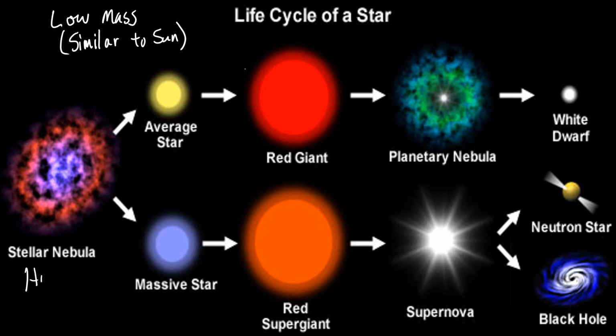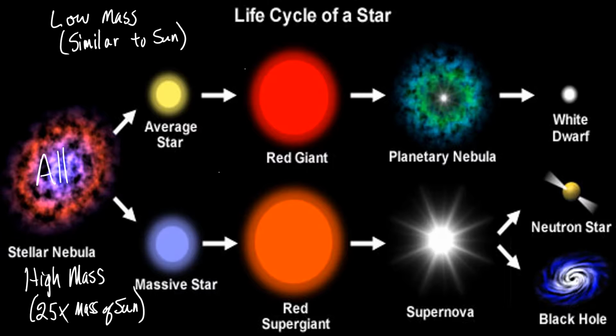And we have our high mass stars. And they have at least 25 times the mass of our sun. And so these stars are going to have two very different endings, but a similar beginning. All stars are going to begin in stellar nebulas, whether they are massive stars or low mass stars.